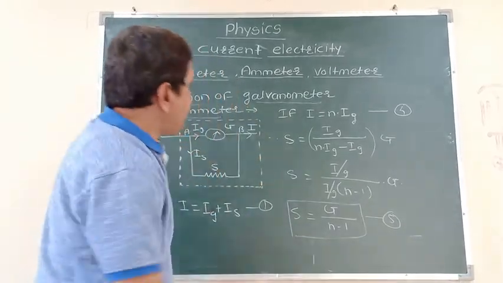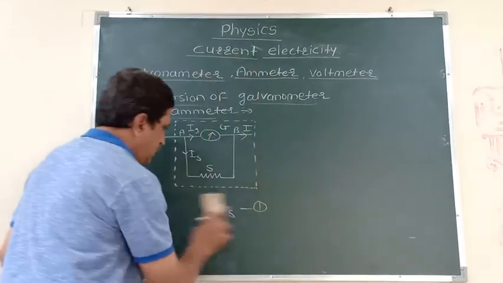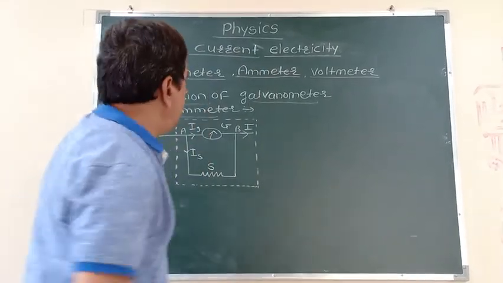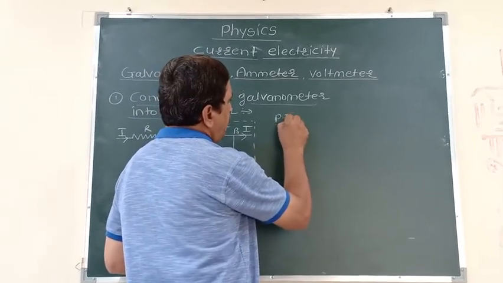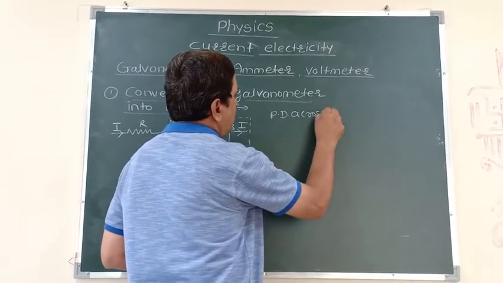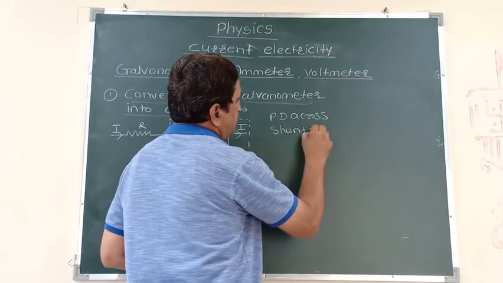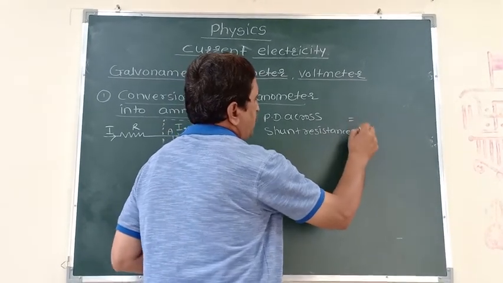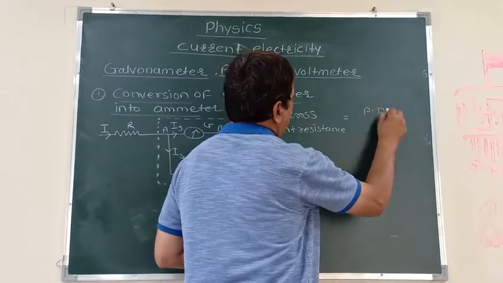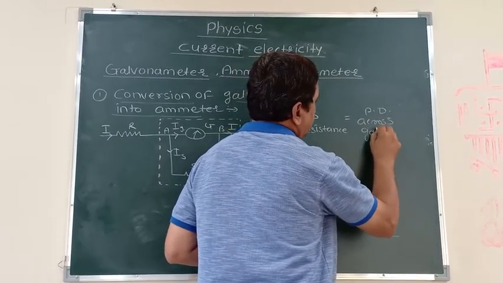Then, next point. Now, from this figure, we can write that the potential difference across the shunt resistance is equal to the potential difference across the galvanometer.